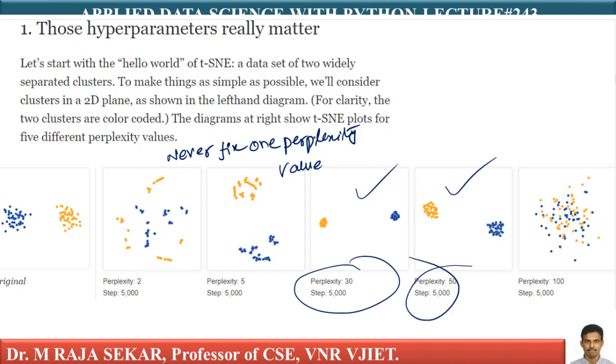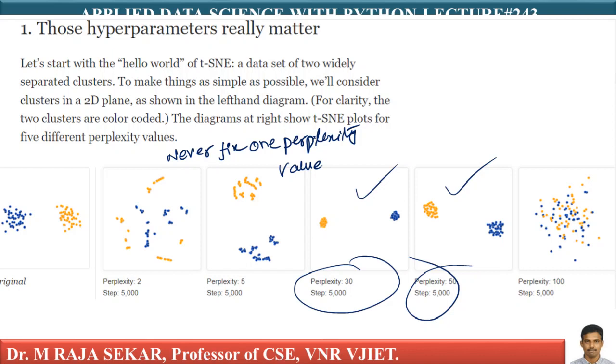So when you run t-SNE, you are given two parameters. The first one is perplexity and the second one is the number of iterations, or I can say steps. Always try to run it with multiple perplexities. Now here comes one more interesting thing.